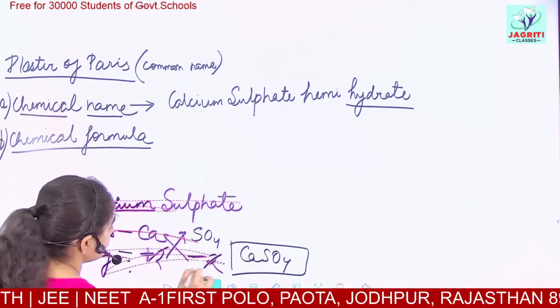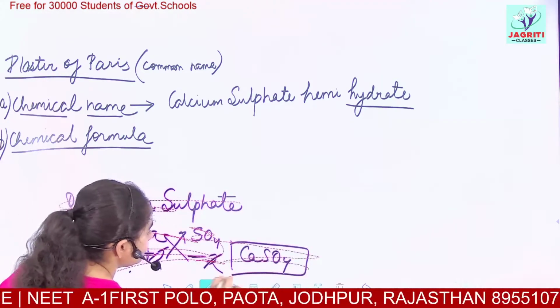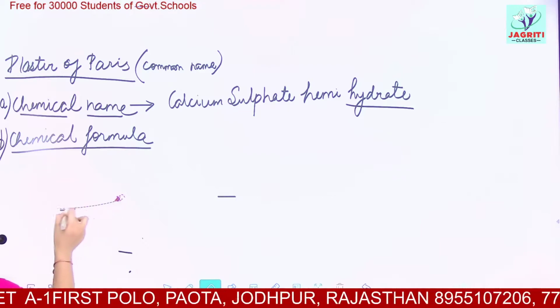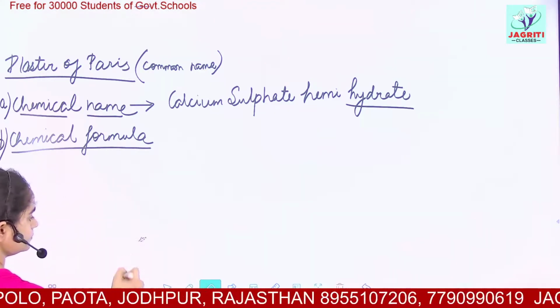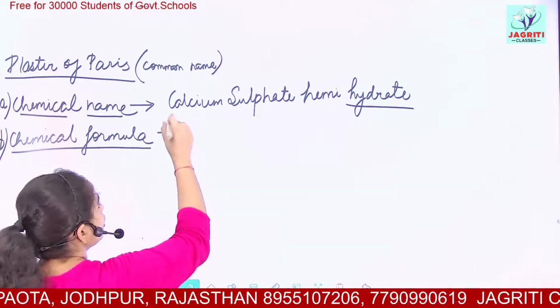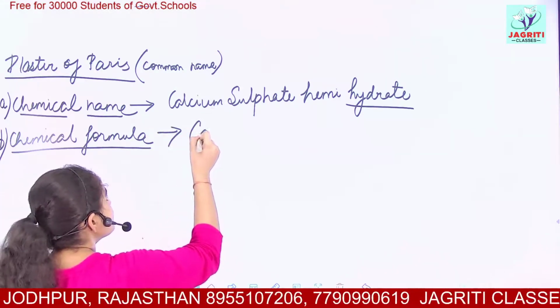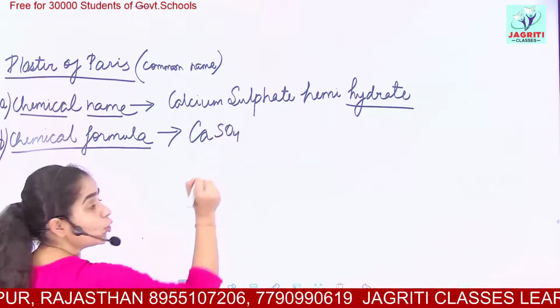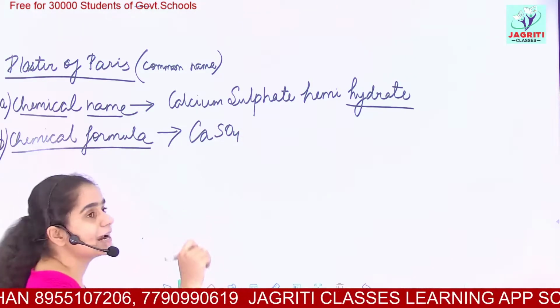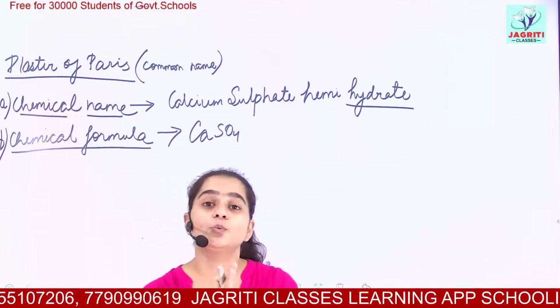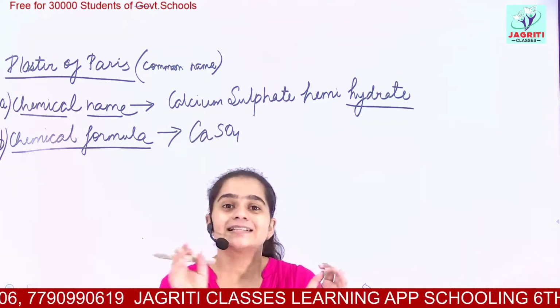We are studying now plaster of Paris. Plaster of Paris is called what? Calcium sulfate hemihydrate. The formula which we got for calcium sulfate is CaSO4. And the remaining thing, hemihydrate. Hemi is similar to semi. What we study in maths, semicircle. Semi means half.